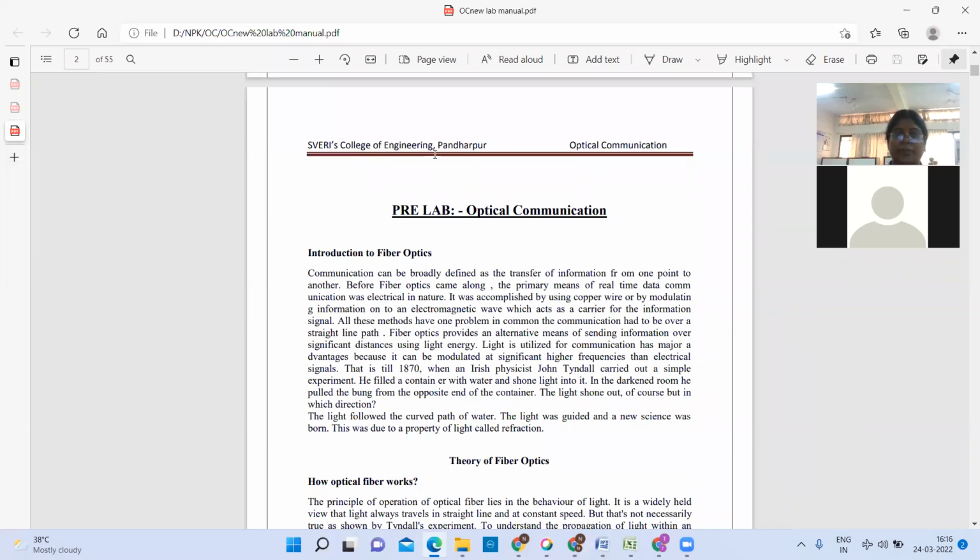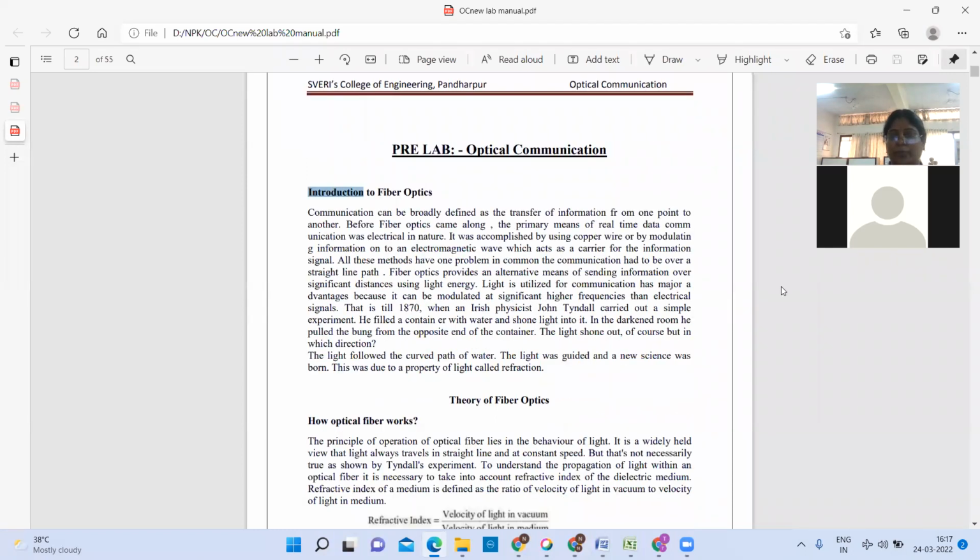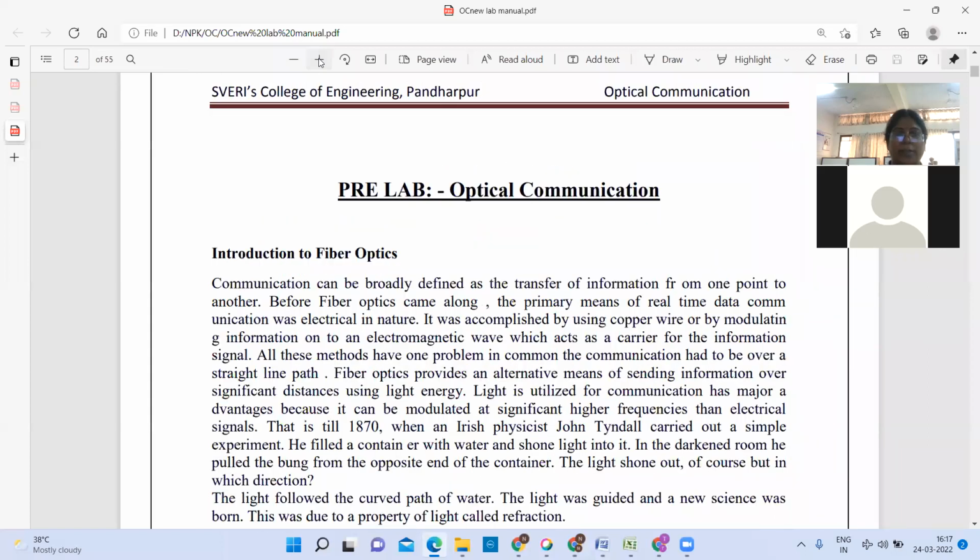Yes, ma'am. So here in the practical, in the first part, I have explained this pre-lab for the optical communication. Pre-lab means some theoretical information I have given here. The theoretical information consists of the introduction of fiber optics, how the fiber optics work, or what is the basic working principle of the fiber optic cable.